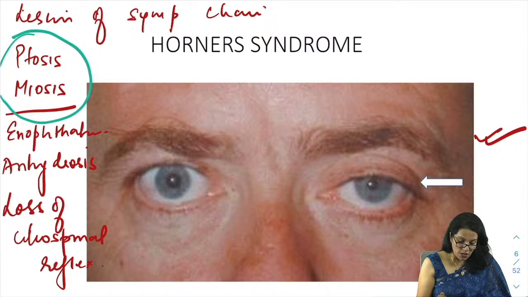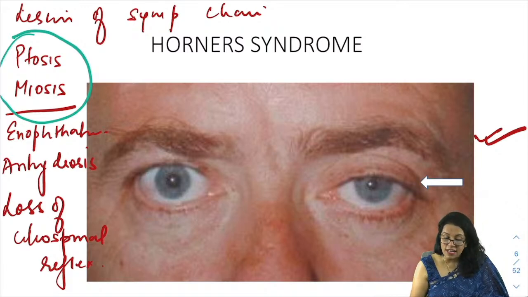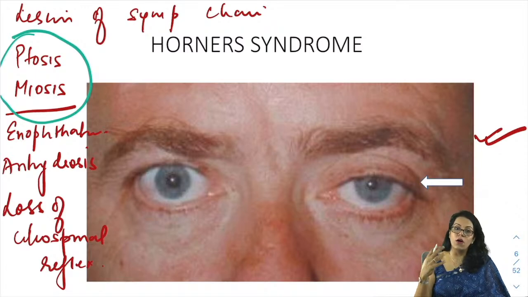I just asked what are the two main features by which you describe Horner syndrome. Among all, you have to answer ptosis and miosis. I am not taking it in detail, just a quick revision. And of course, one eye will show a miotic pupil which is not dilating or taking a lot of time to dilate in the dark. That is what is called dilatation lag.